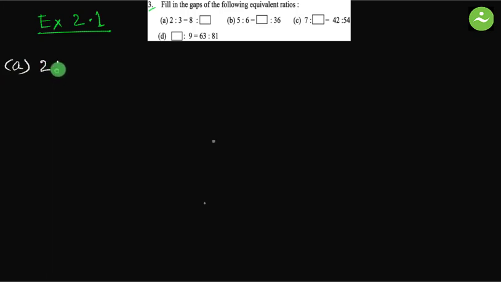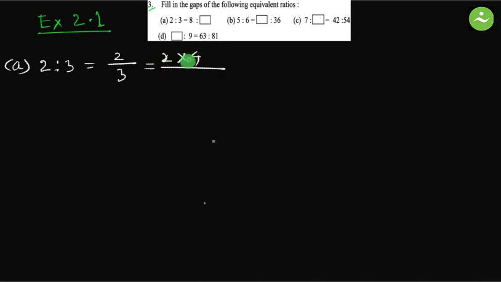2:3 equals to, when the first quantity is 8, what is the second quantity? So 2:3 equals to, we can write 2 by 3. The first quantity goes up as numerator and the second quantity comes down as denominator, equals to make it 8 we have to multiply by 4. 2 into 4 is 8.